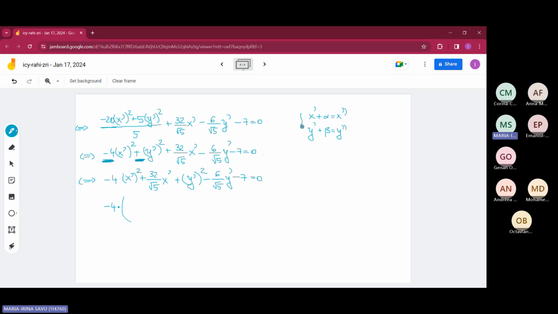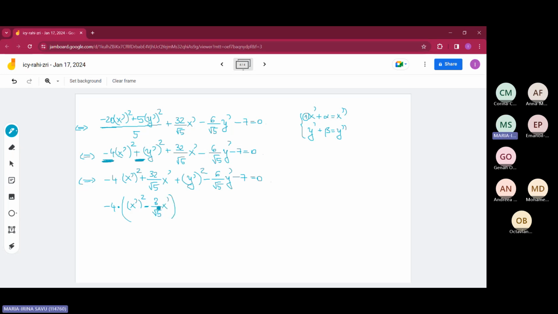Okay, so this is a translation. In a translation, we cannot have a coefficient times x prime. So here you must always have 1. And this is why I'm writing this coefficient in front of this bracket. So I have x prime squared minus 8 over square root of 5x prime.